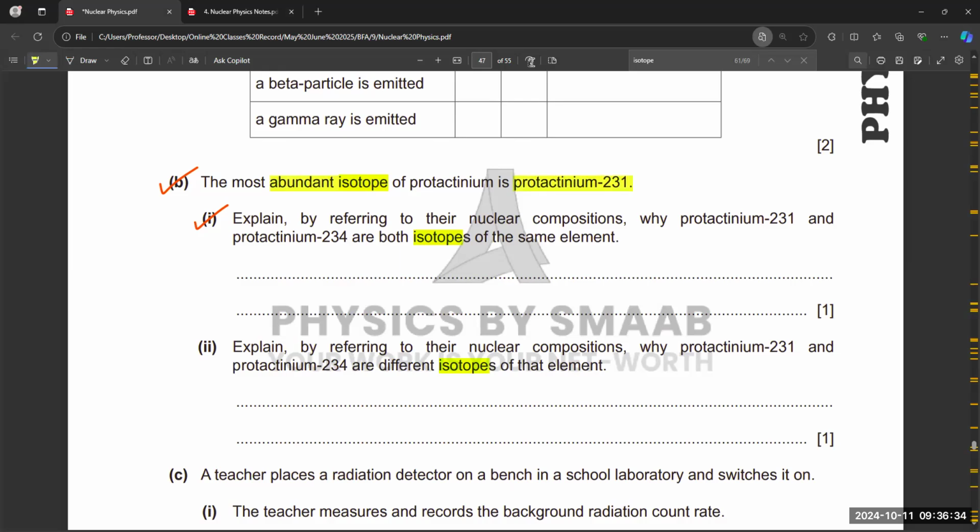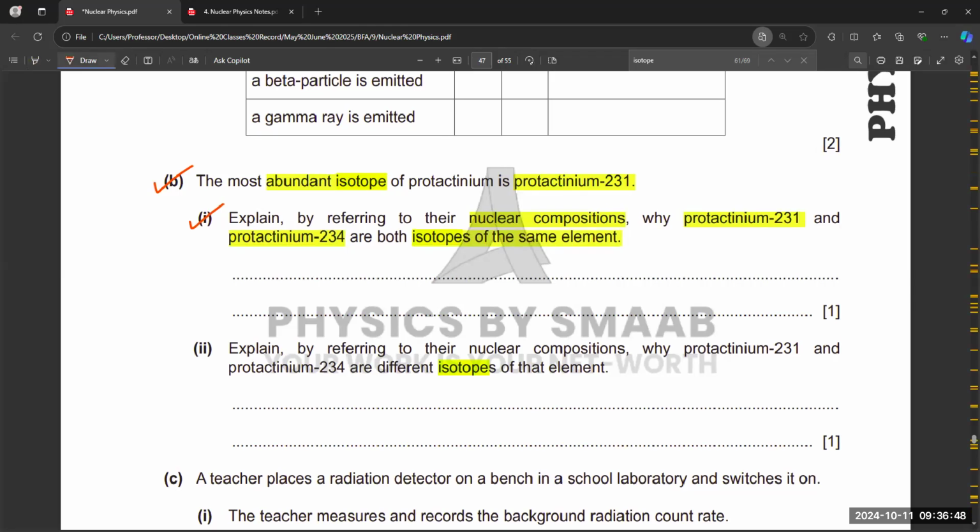Explain by referring to their nuclear composition why protactinium-231 and 234 are both isotopes of the same element. So by using this idea, how can we explain that these two, protactinium-231 and 234, are both isotopes of the same element?